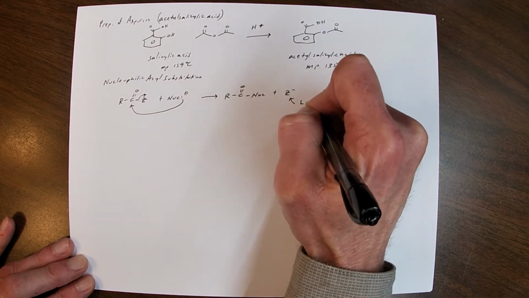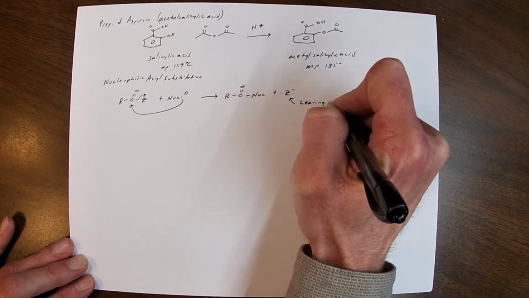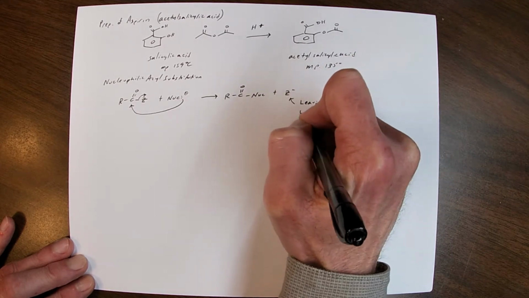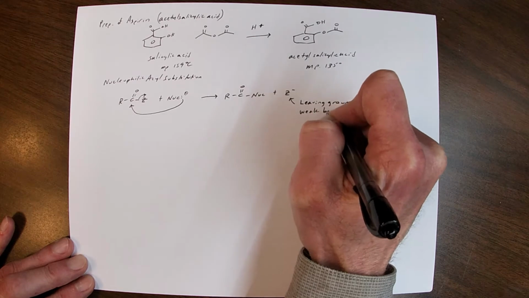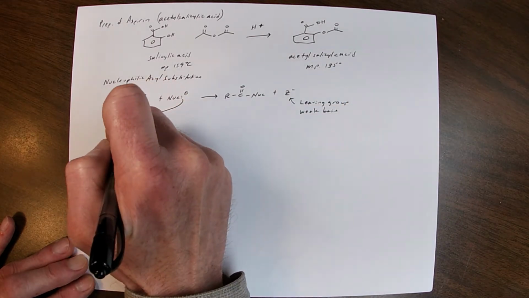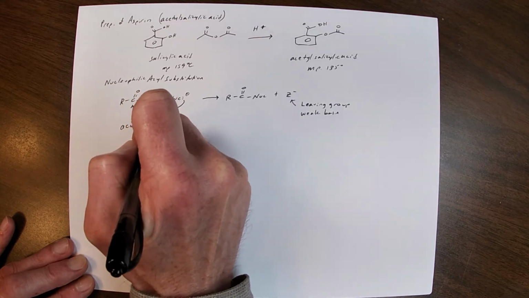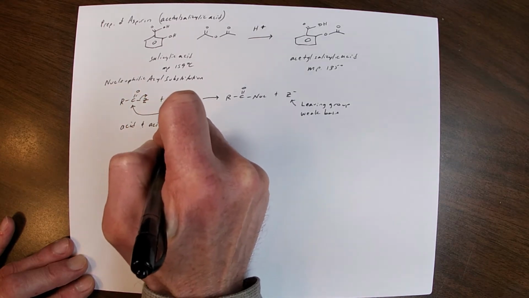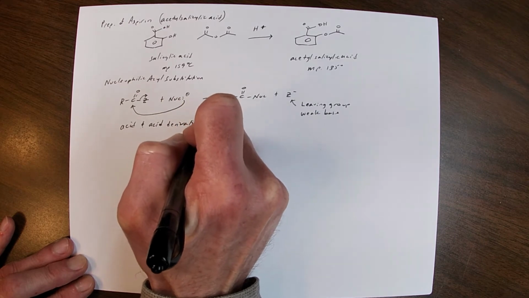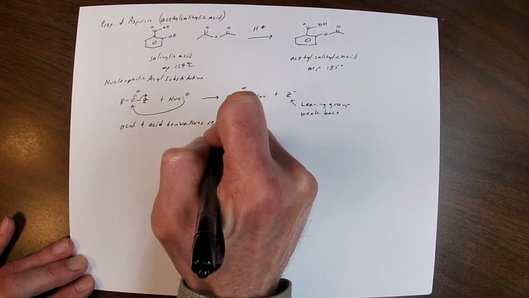And of course, the leaving group here must be a weak base. So, carboxylic acids and acid derivatives, these react by substitution.